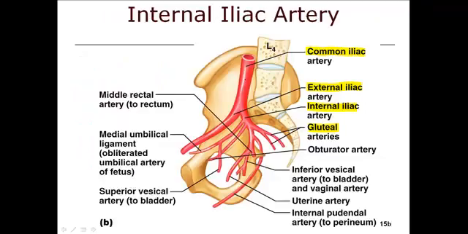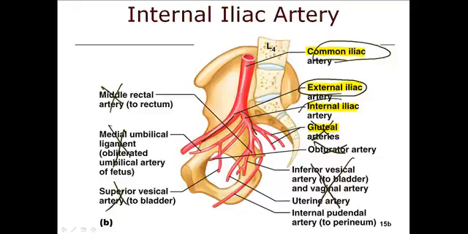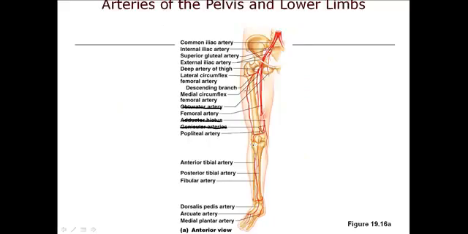So here's the right common iliac. Here's the external. This is the internal. That's all you need to know. You don't need to know the gluteal arteries, the obturator, or any of those. All you need to know is the common iliac, the external, and internal. That's it.